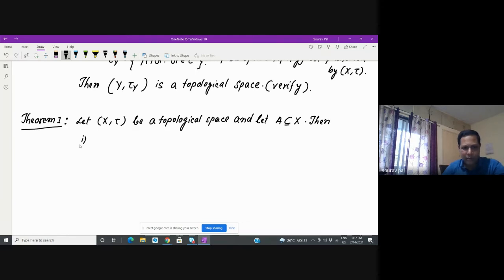Number one, if we talk about A interior, it itself is a set, right? And what is the interior of it? This is precisely A interior. Okay, please verify this.